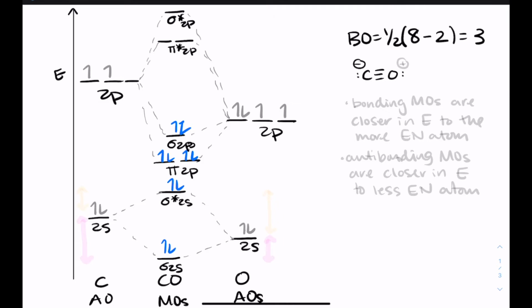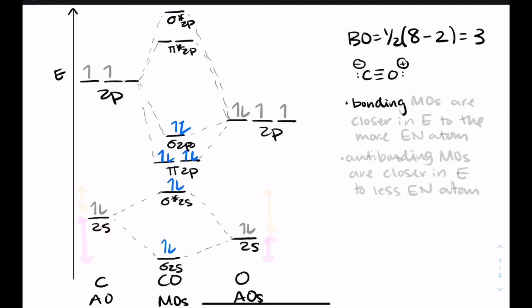Because of this, with an anti-bonding at higher energy, a bonding at a lower energy, and atomic orbitals at very different energies, you will find that bonding MOs are closer in energy to the more electronegative atom. And the anti-bonding MOs are closer in energy to the less electronegative atom. I mean this on the vertical scale.